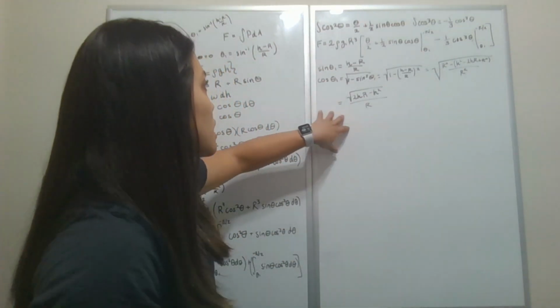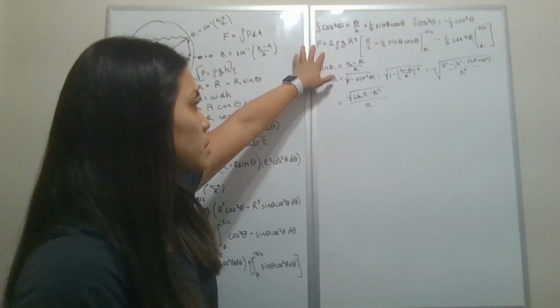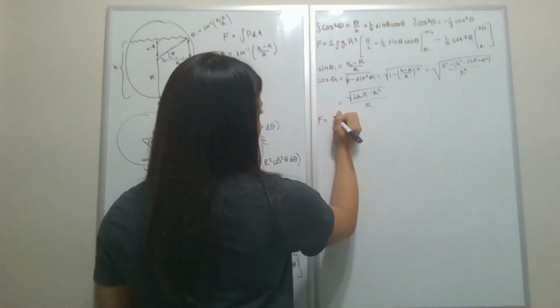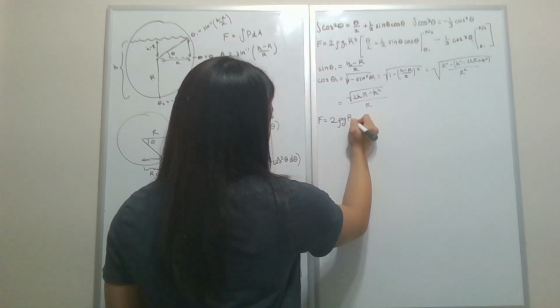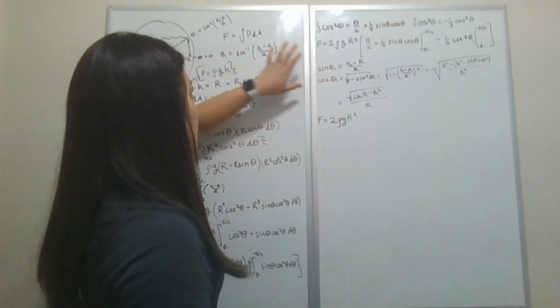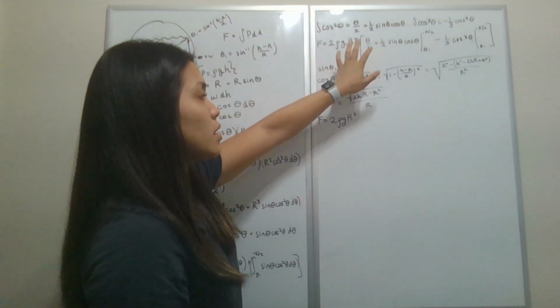And so plugging this into our total force formula up here and evaluating it, we have the force equals, again, 2 times the density times the gravitational acceleration times the radius cubed. And now we start plugging our theta 1 and our sine of theta 1 and cosine of theta 1 into our evaluation.